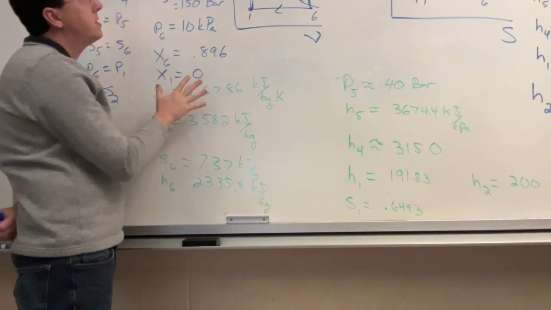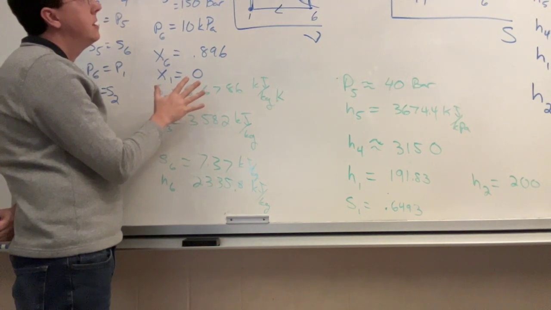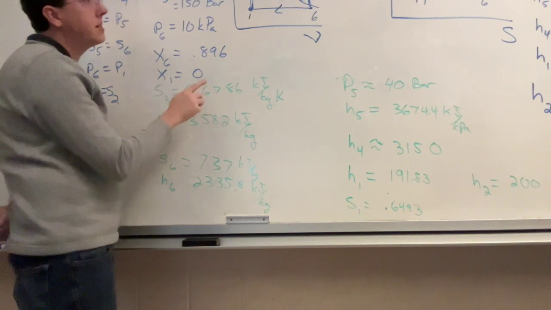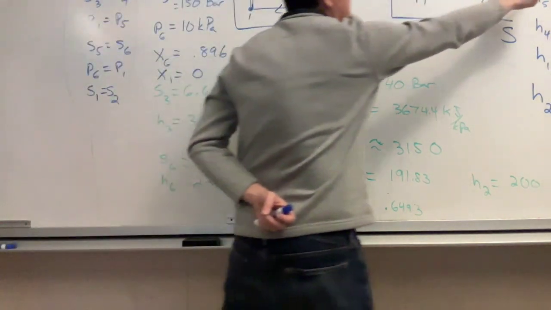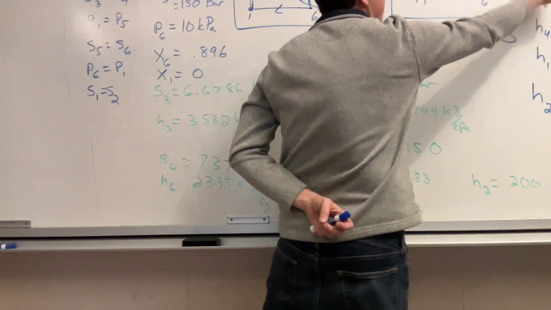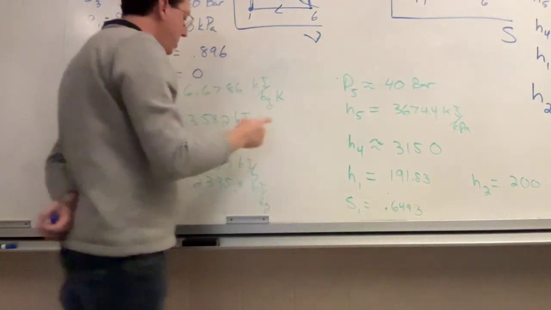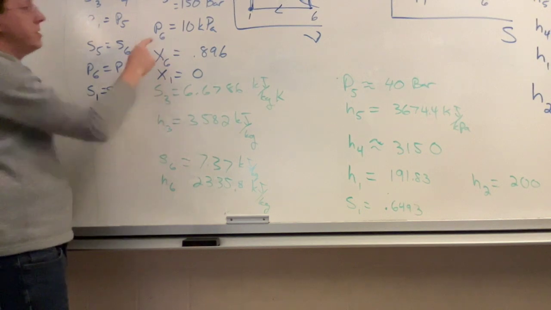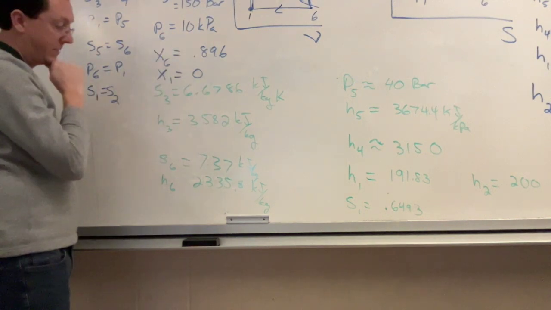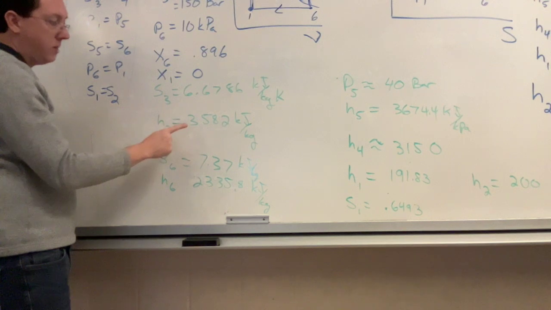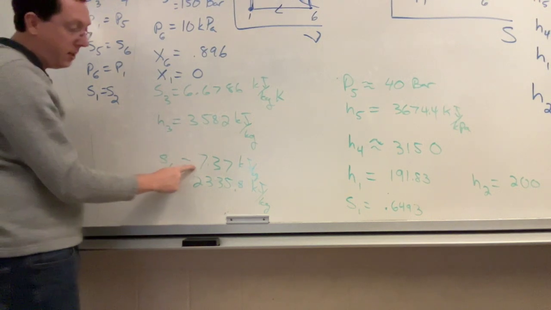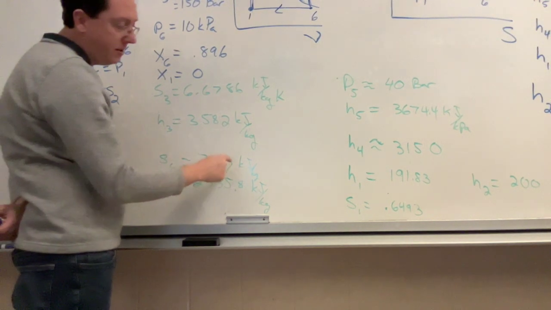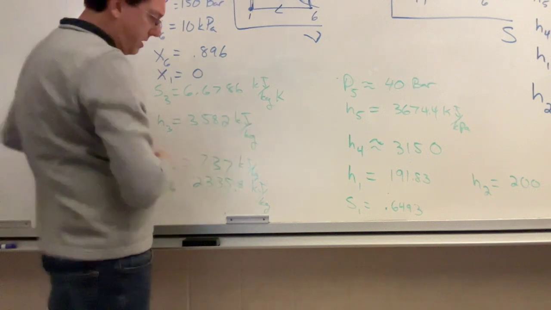And then the next state I was going to deal with was state 6. So I used the quality at state 6 and the pressure at state 6. Using that, you can calculate an entropy of 7.37 kilojoules per kilogram Kelvin.